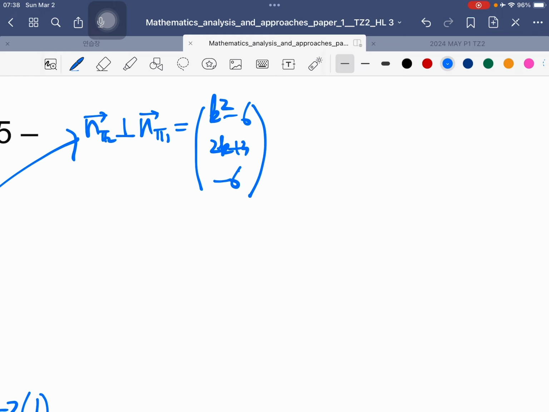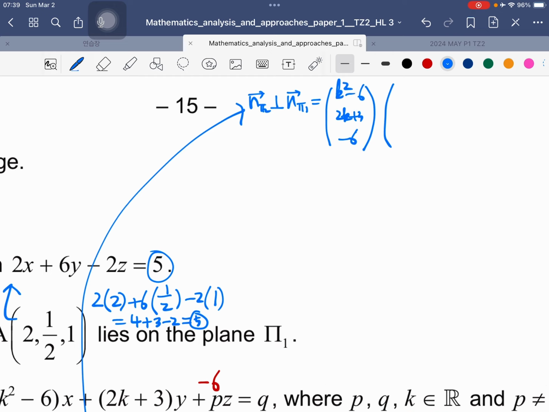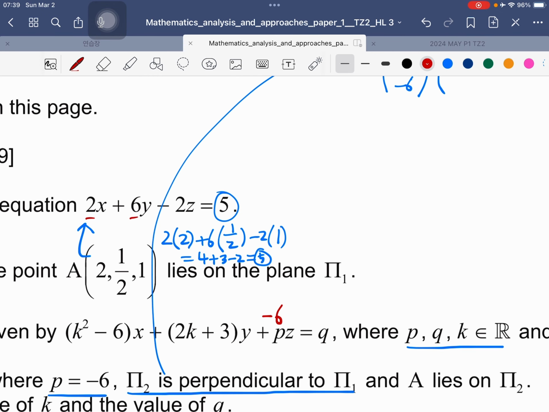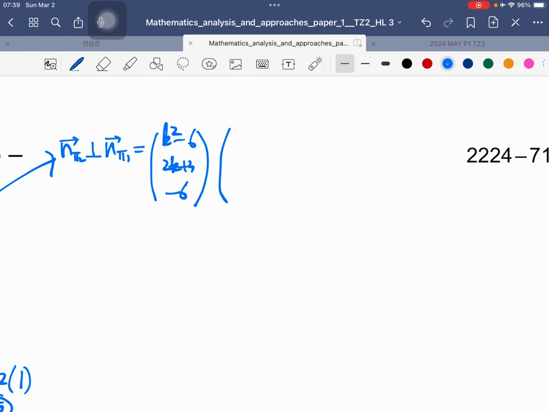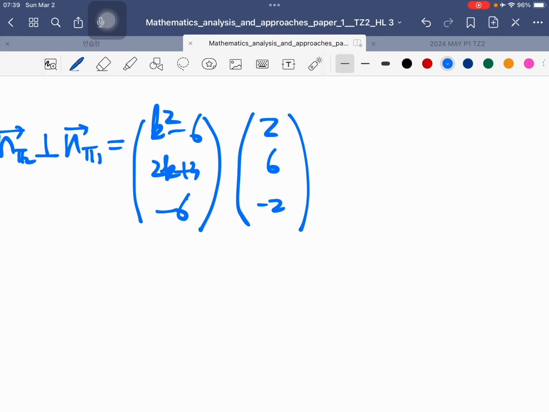This vector should be perpendicular to the pi 1 normal vector n1, which is 2, 6, negative 2.